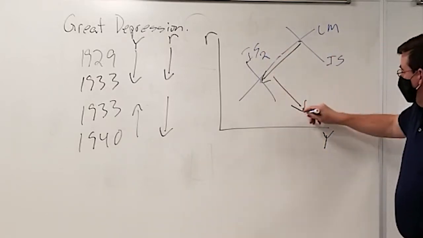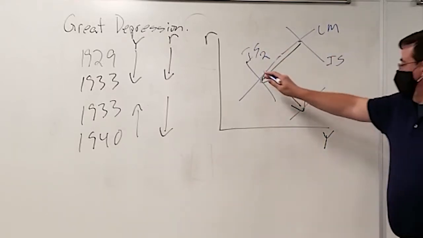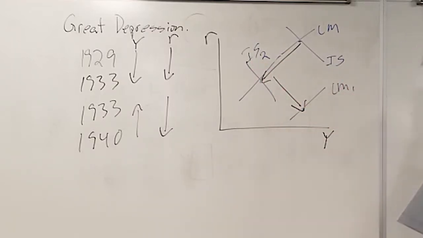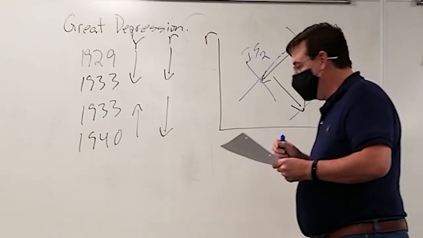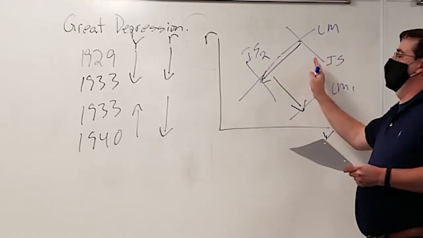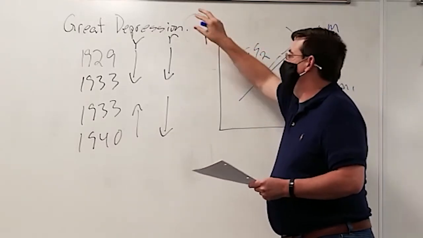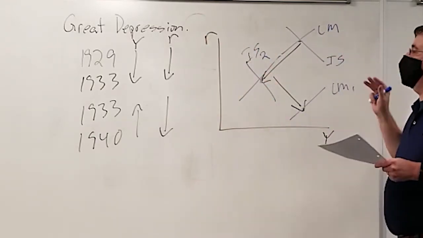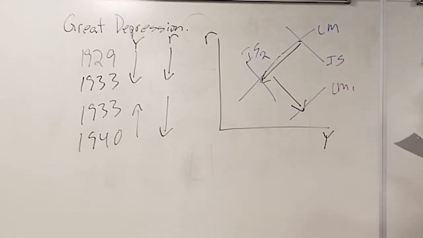But then to move down to here, we would have to ride along this IS curve, and then our LM curve would have to shift down. So the spending hypothesis that tries to explain what happened in the Great Depression looks at these variables and asks how we can explain them within the framework that we have going on here.